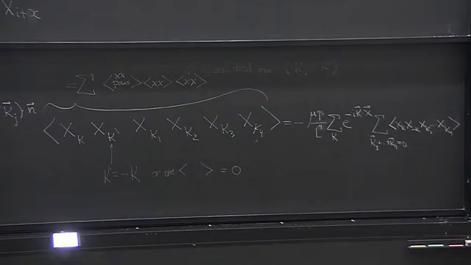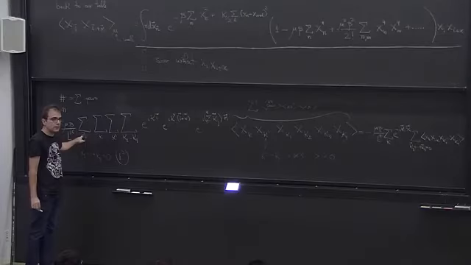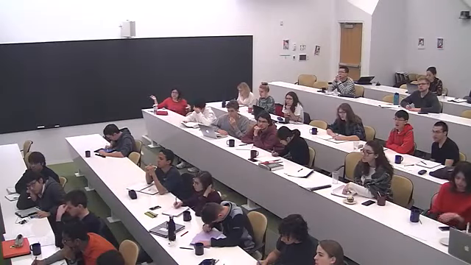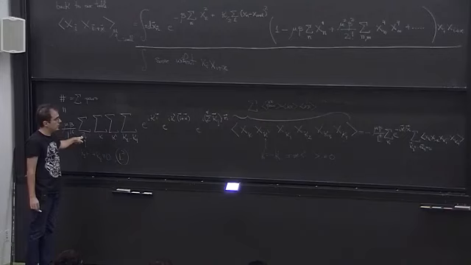Yes? The sum over n doesn't necessarily have to fix the sum from k1 to k4 to exactly 0, it could fix it up to a constant, right? Not exactly 0. Can you be more specific?